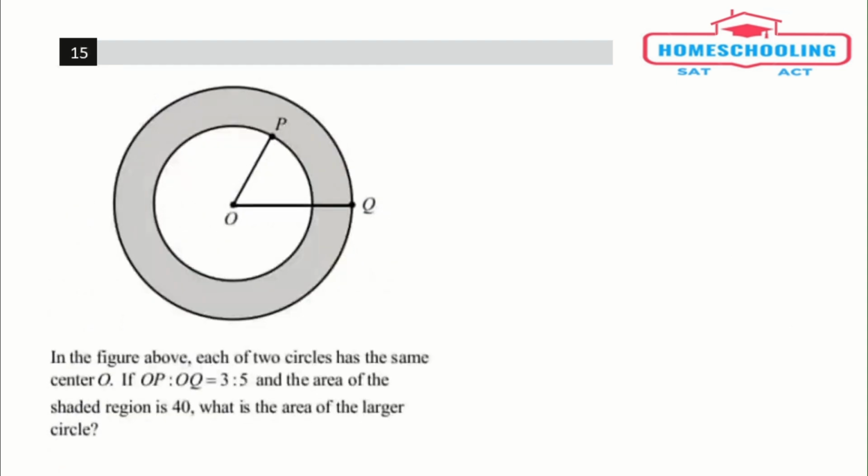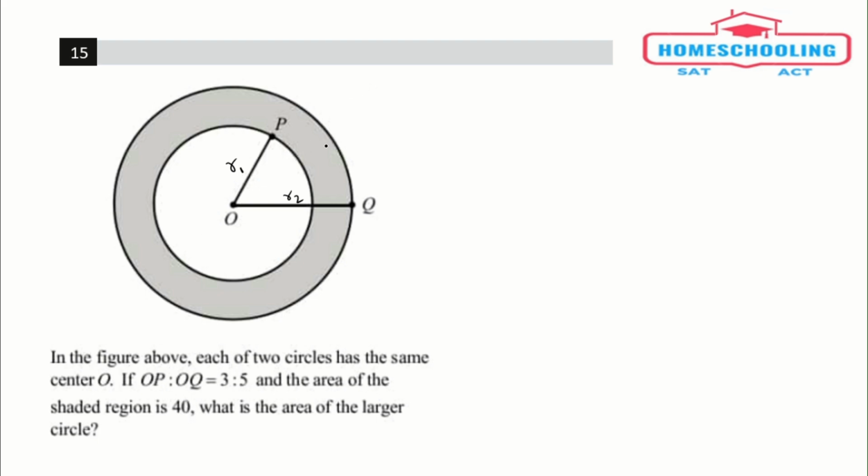Moving to the next question. In the figure above, the two circles have the same center O. This is your smaller circle, and this one is your larger circle. Let us take the smaller circle radius as r1 and the radius of the larger circle as r2, and the area of the shaded region is 40 pi.